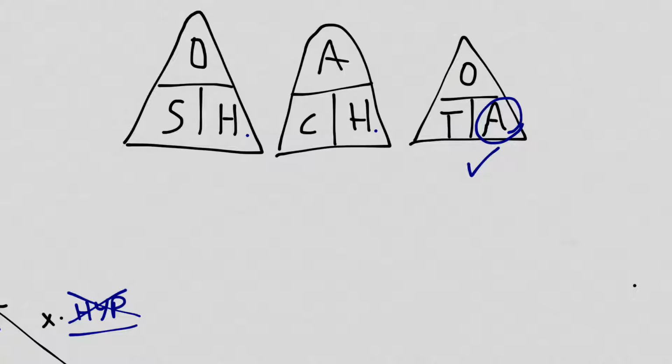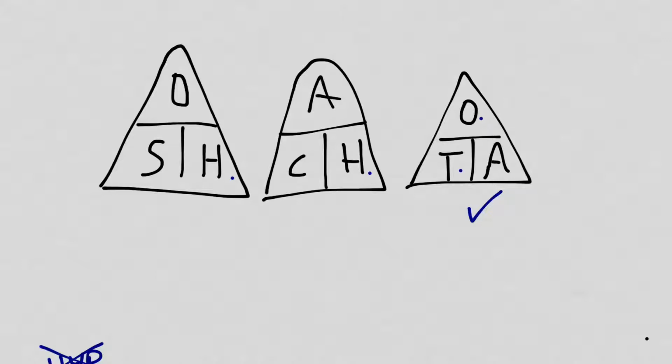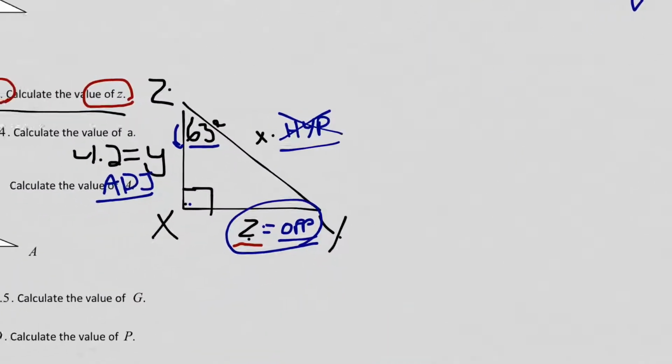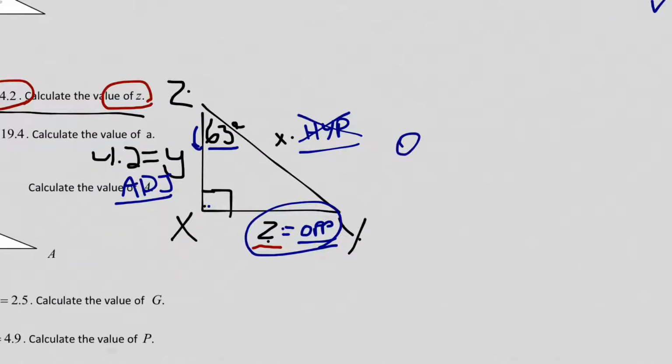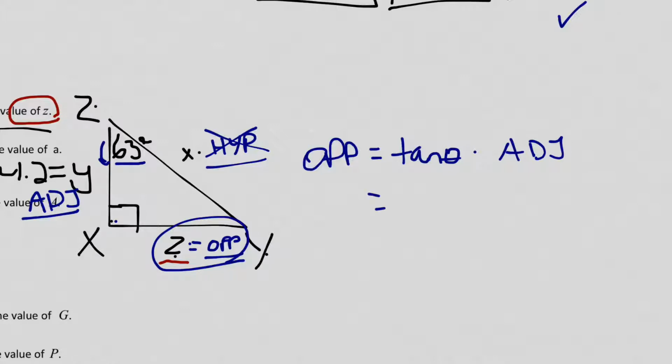But here we're solving for the opposite, so it's going to be tangent times the adjacent. So let's do that. Opposite is equal to tan of whatever the angle is. That's the symbol theta if you've never seen it. And that gets multiplied by the adjacent. So I can start to fill this in now.